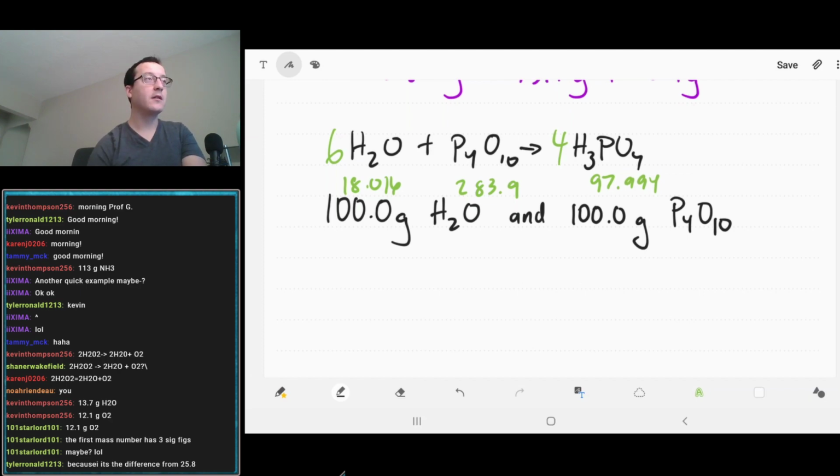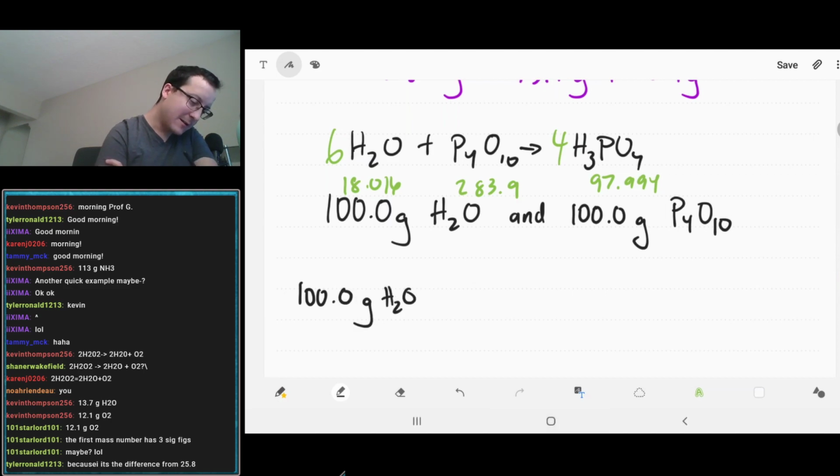So let's go ahead and start with the water and see how much phosphoric acid we get. Just like before, with any sort of stoichiometry problem that we're working with, we're going to make sure that we have our units in moles.